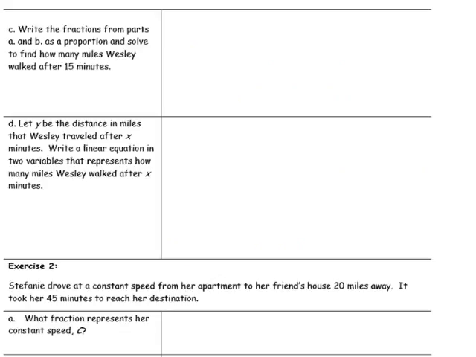Part C. Write the fractions from part A and B as a proportion and solve to find how many miles Wesley walked after 15 minutes. Okay, so the first, I'm just going to write them here together so we have them. We have 1.5 over 25 is equal to c. And then the other one was y over 15 is equal to c. Since they are both equal to c, they're also equal to each other.